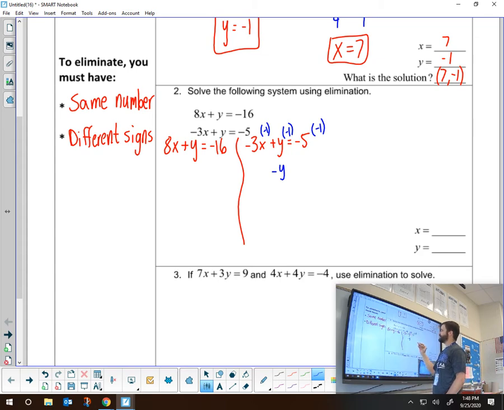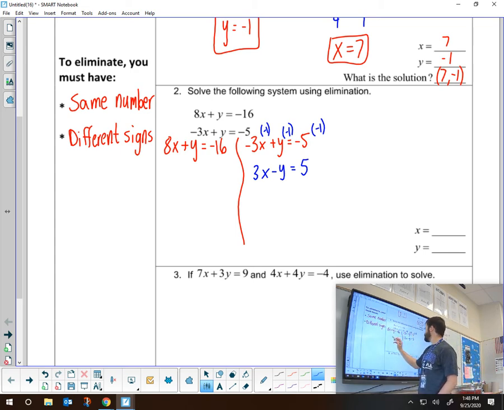So negative 3x times negative 1 is a positive 3x. Negative 5 times negative 1 is a positive 5. Okay? So now look, I have the same number, I have different signs, so I'm going to take this and move it over and write it underneath there so that we can add and eliminate.